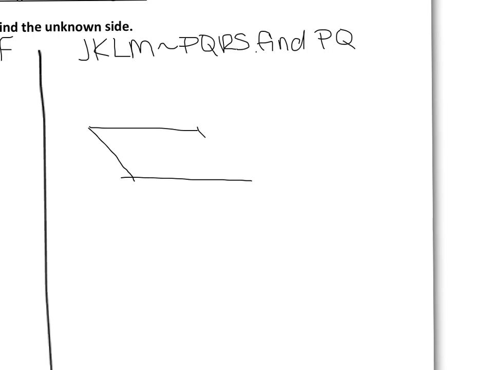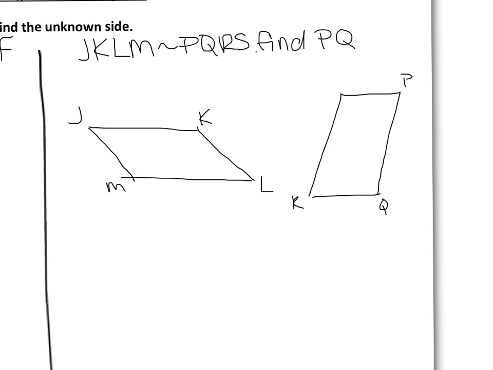I know we haven't talked exactly about what a parallelogram is, but it should look something like that. And this first one is going to be JKLM. And then we're going to have our other parallelogram off to the right. And this one is PQRS.